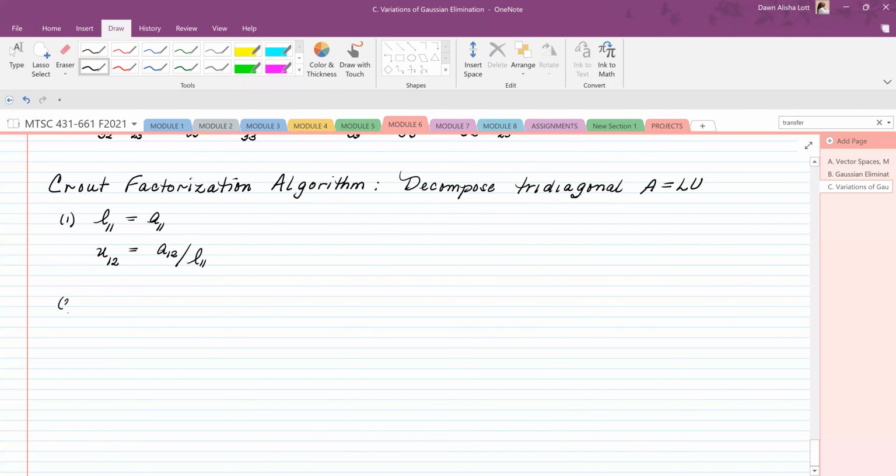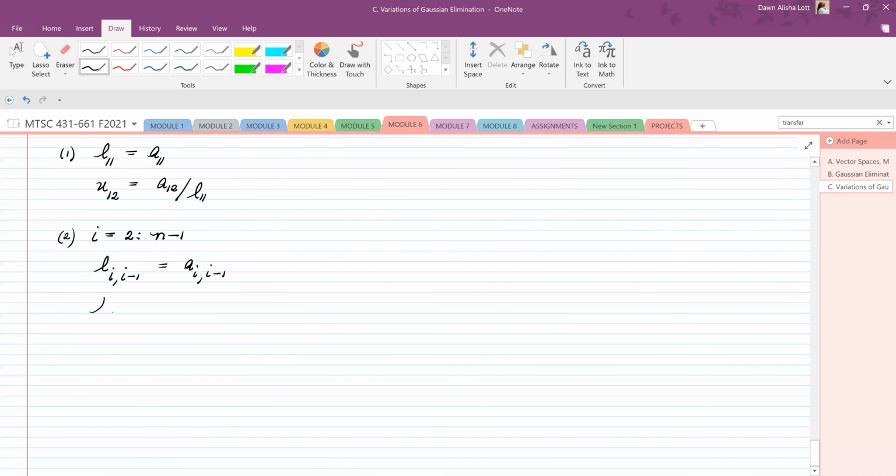Then you have to do i equal 2 to n minus 1: Li,i-1 is equal to Ai,i-1, Lii becomes Aii minus Li,i-1 times U(i-1),i.